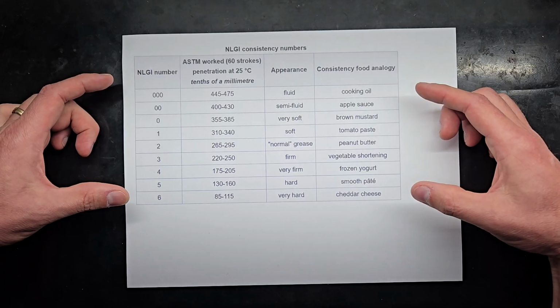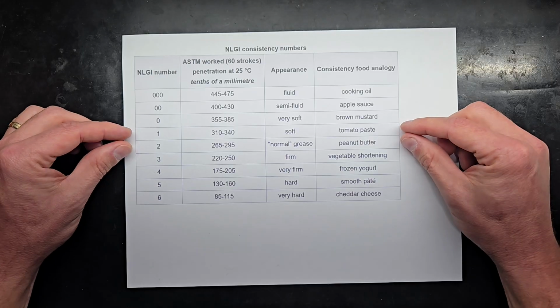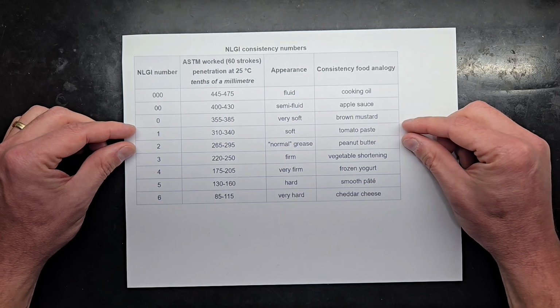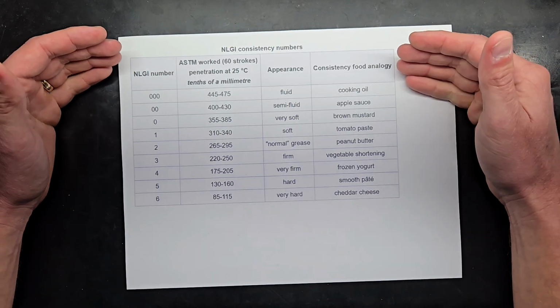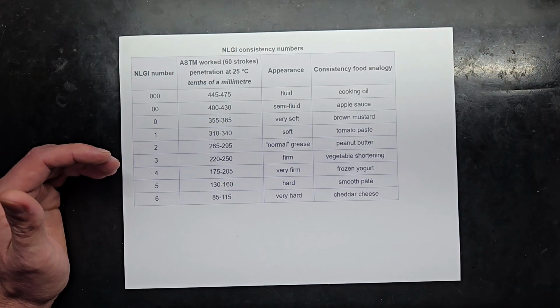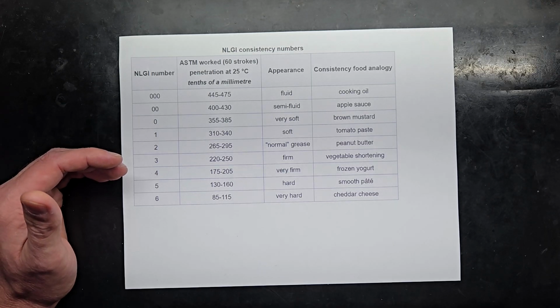Probably look at you like a deer in headlights. So the 1s and 2s are again what's most prominent in the auto parts store and what you've seen the most. But we can have a variety of consistencies or thicknesses of the grease.